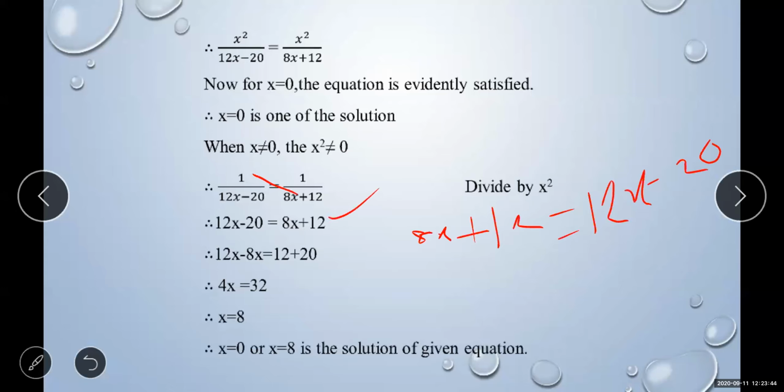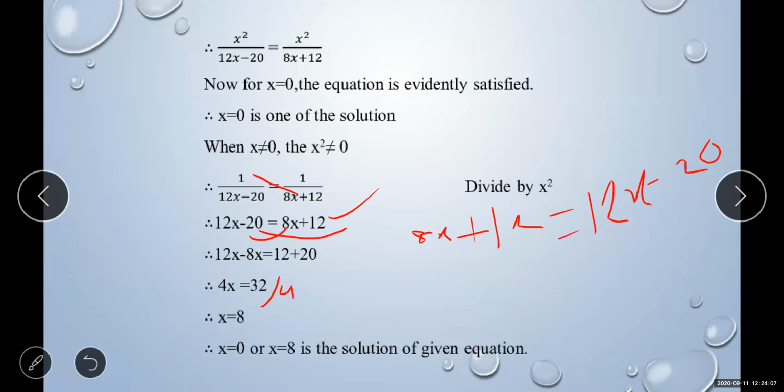So here, now take the x terms on the left side. So it is 12x minus 8x, this 8x over here, and plus 12, this minus 20 on the right side will be plus 20. So 12x minus 8x is 4x. 12 plus 20 is 32. So x is equal to 32 by 4.